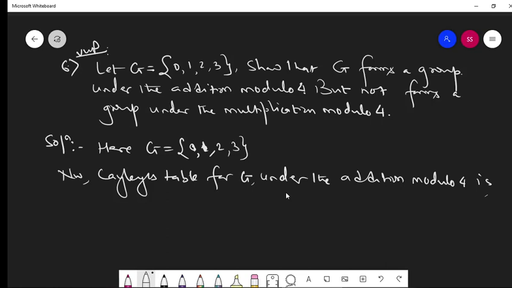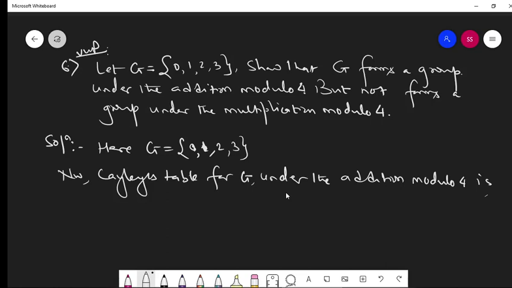From the table it is clear that 3 plus 1 equals 0, 1 plus 3 equals 0, 2 plus 2 equals 0. So the inverse of 2 is 2 itself, the inverse of 3 is 1 and of 1 is 3.